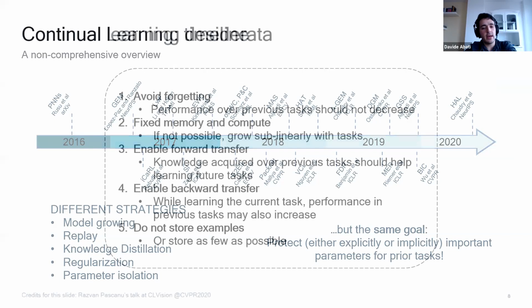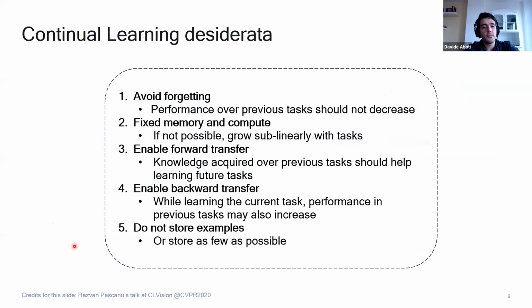And when you build a continual learning model, you may think of these 5 aspects that you want to have. The first one is obvious: your continual learning model shouldn't forget previous tasks.